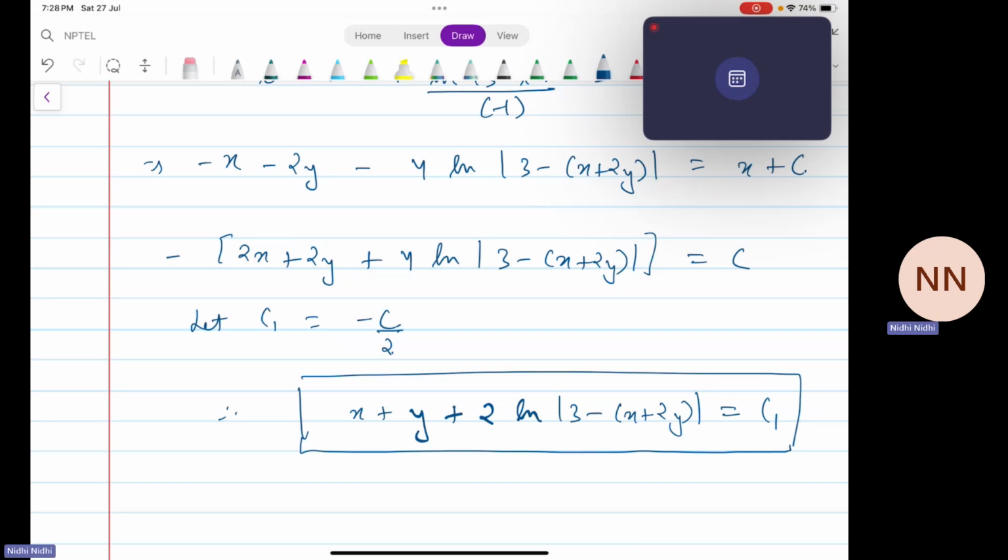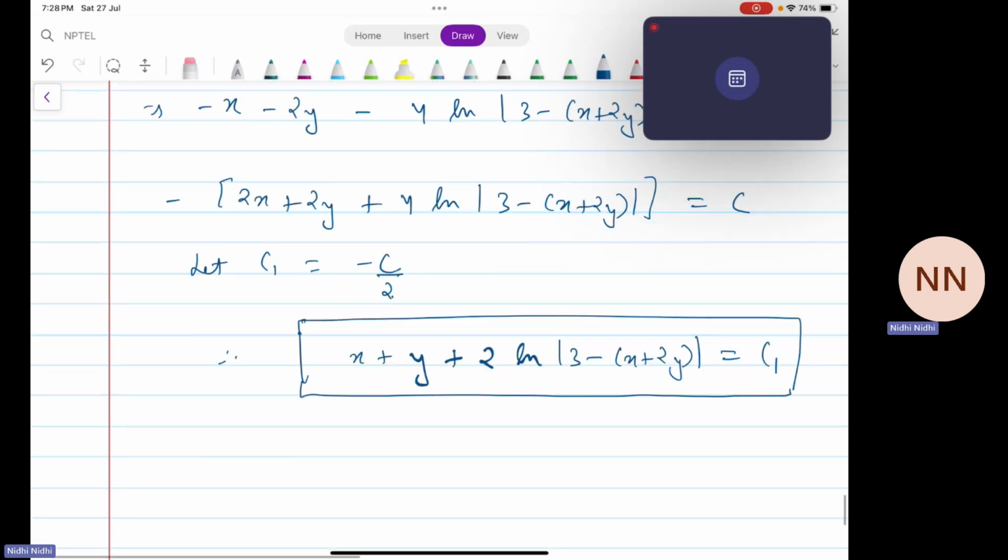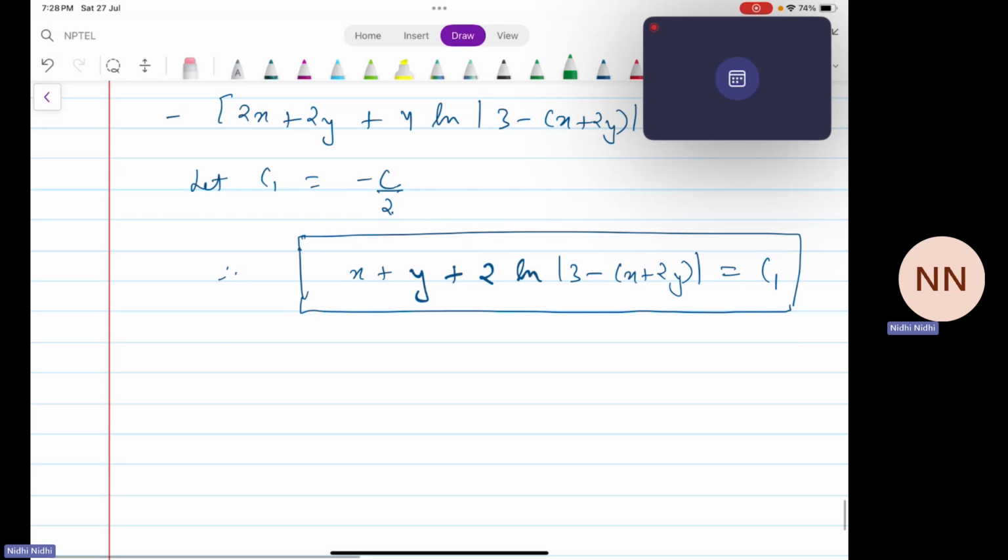And it is quite interesting that this problem can be solved in another way as well. So what was the problem? The problem was (x plus 2y minus 1) dx plus (x plus 2y plus 1) dy equals 0.